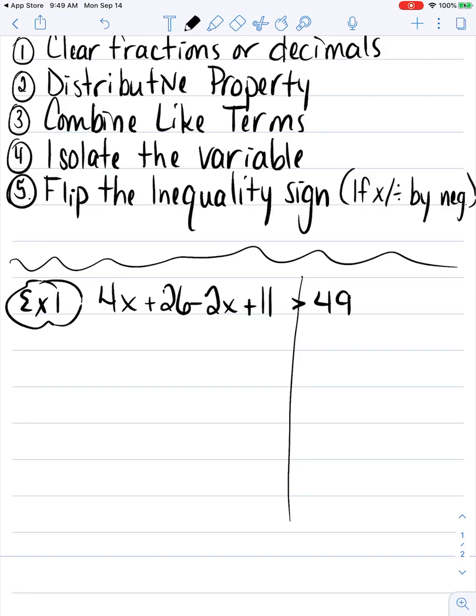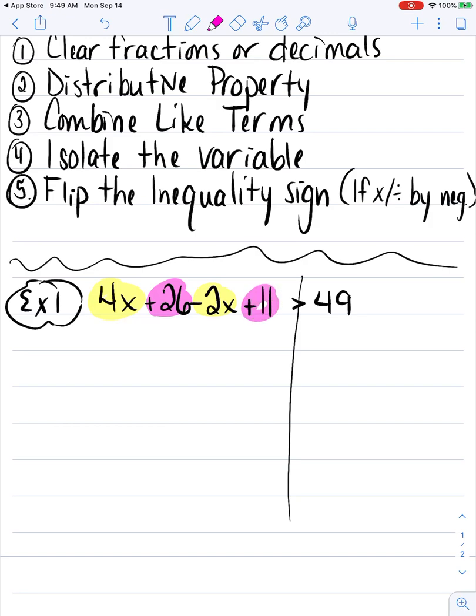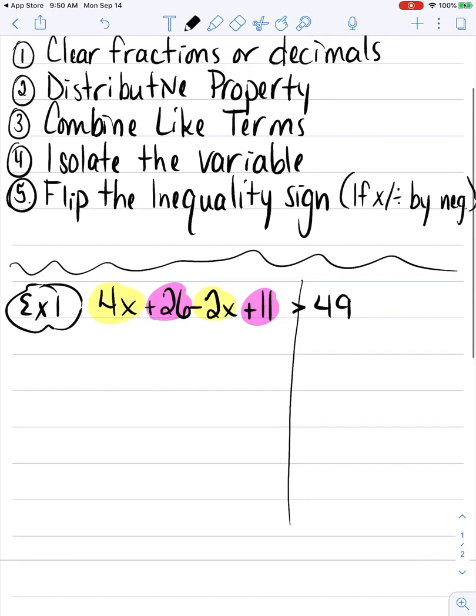Next, I don't see the distributive property on either side. However, I do notice on the left-hand side there are like terms. I have 4x minus 2x, and then I also have 26 plus 11. So now I'm going to combine those. 4x minus 2x is 2x, and 26 plus 11 is 37, and that's greater than 49.